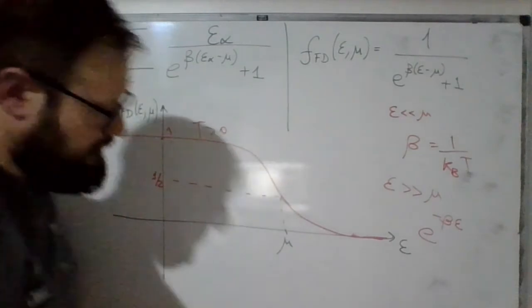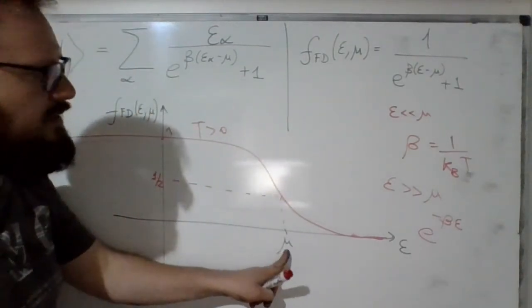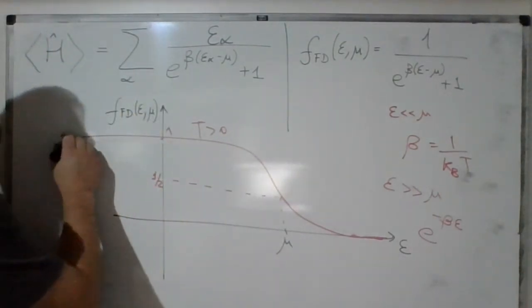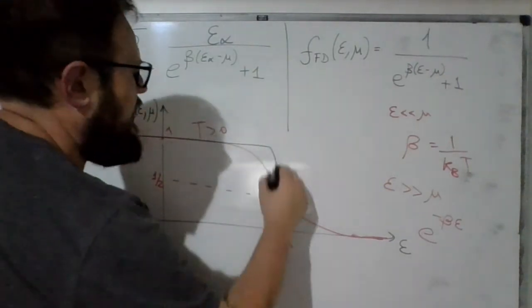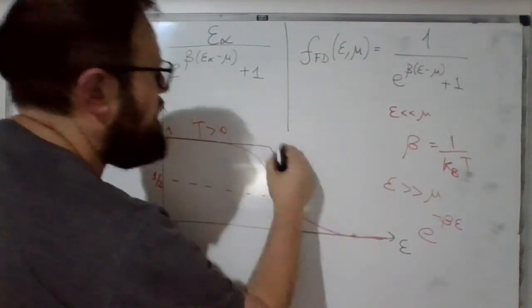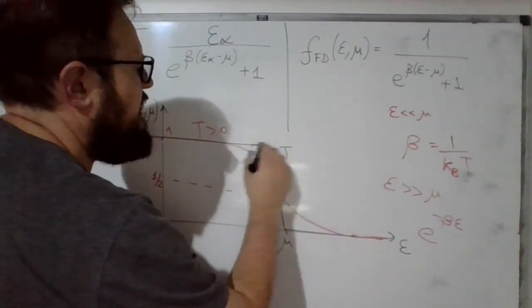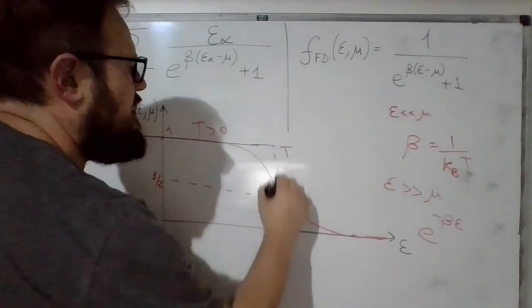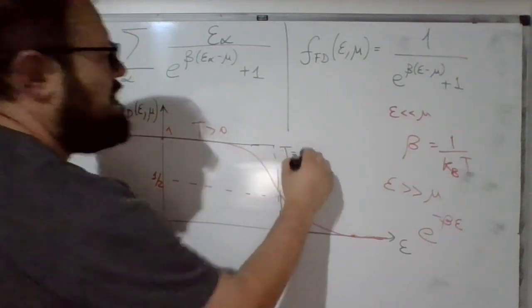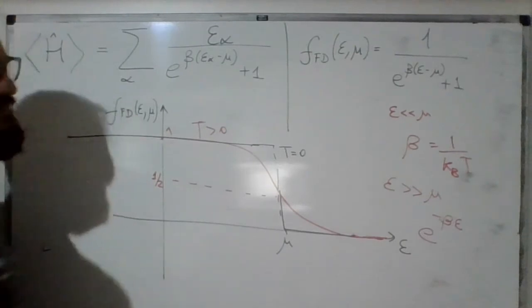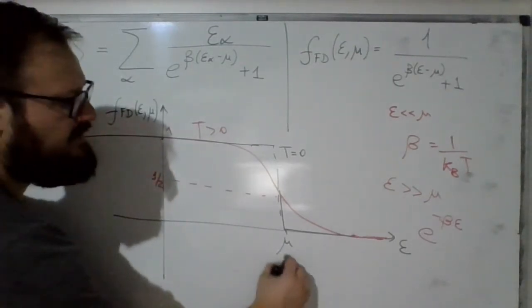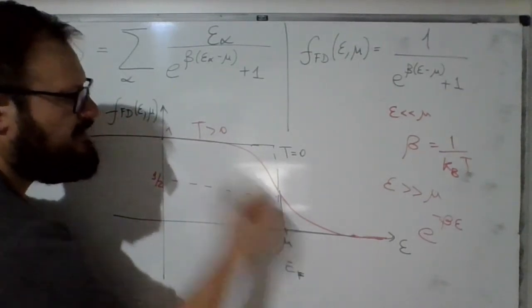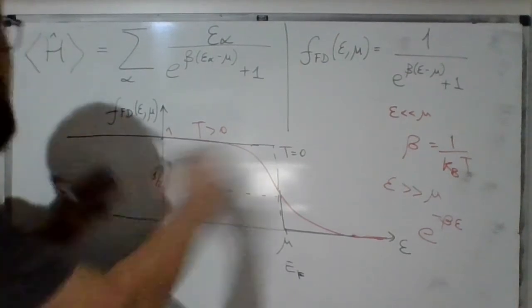But if you are considering 0 temperature, it is a step-like function. Okay, so it is a step-like function exactly at the chemical potential. You have the Fermi energy. Okay, Fermi energy for temperature equal to 0, and this is a step-like function.